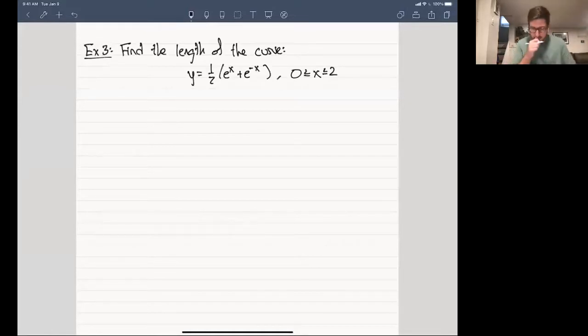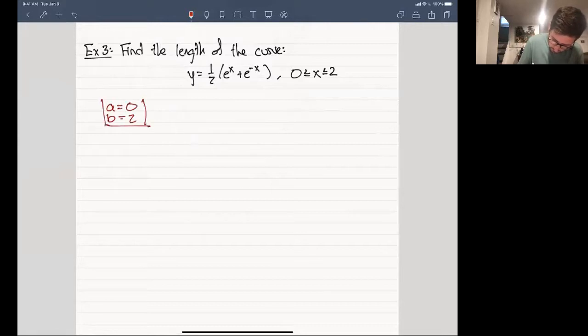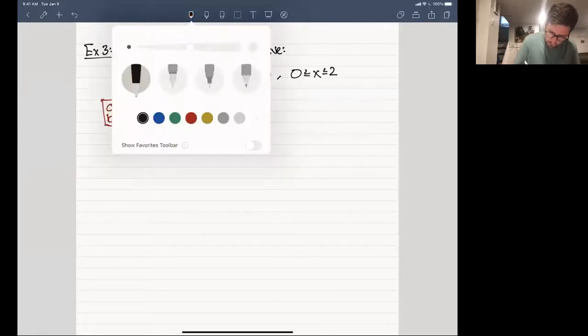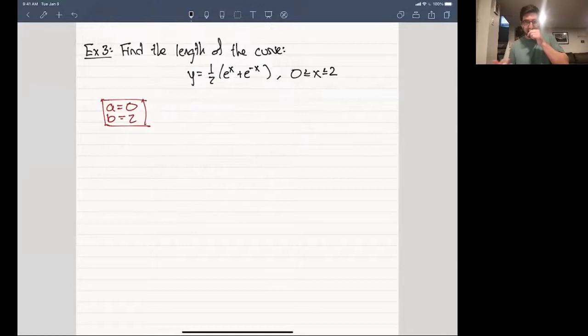Okay, so again, endpoints are already given to us. Nothing really too mentally heavy there. So we'll keep that off to the side for later. Okay, and that means that really all that's left is finding some derivatives, right? It's the same process over and over.